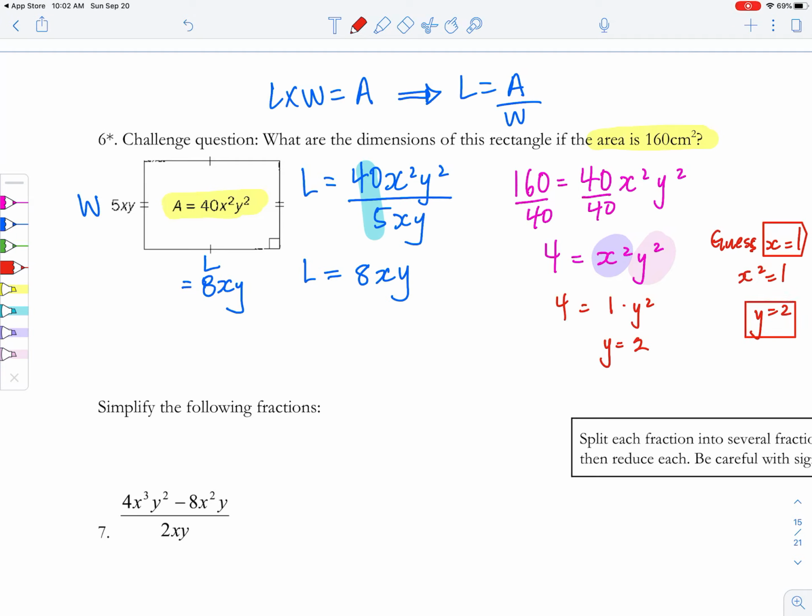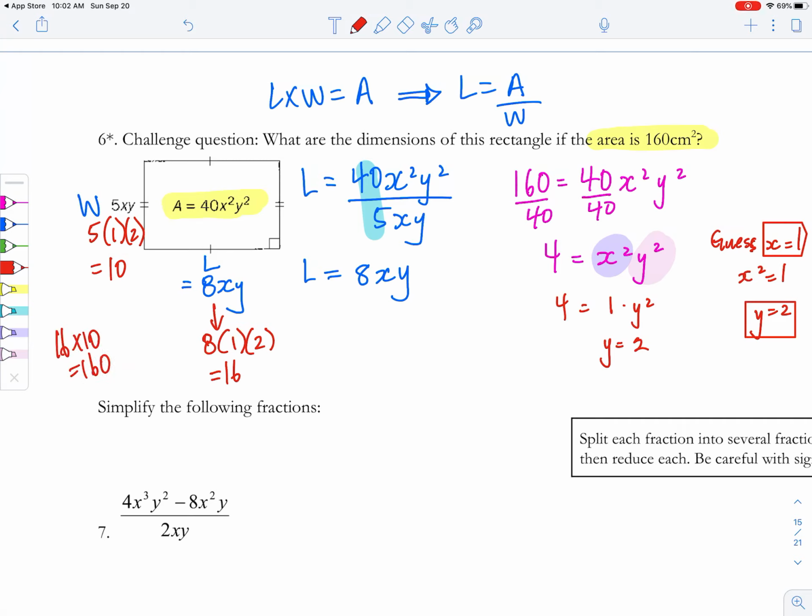And if we put that into these, x equals 1, so 8 times 1 and y was 2 would give us 16. And then 5 times x was 1, y was 2 would give us 10. Just double checking that, 16 times 10, length times width, would give an area of 160.